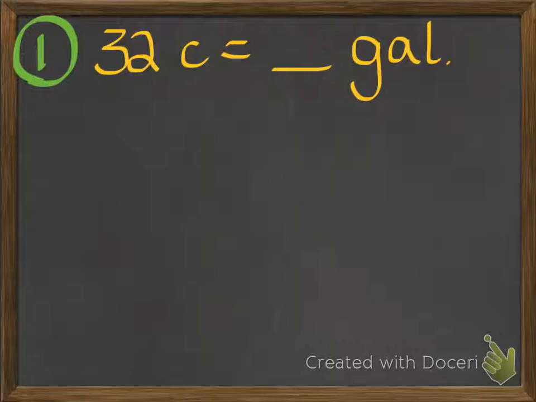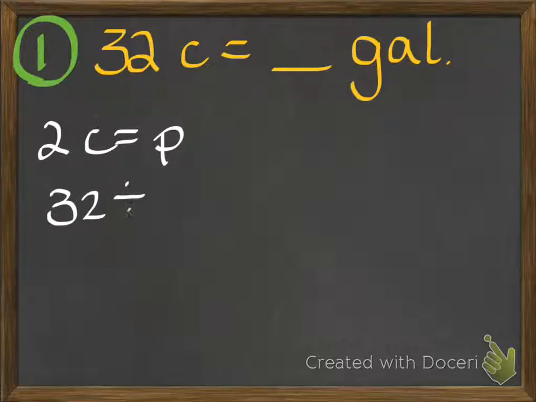Okay, so 32 cups. I know that 2 cups equals a pint, so I'm going to find out how many pints there are first. I'm going to take 32, because I'm going from a smaller unit to a larger unit, so I'm going to have to divide. So 32 divided by 2 equals 16 pints.